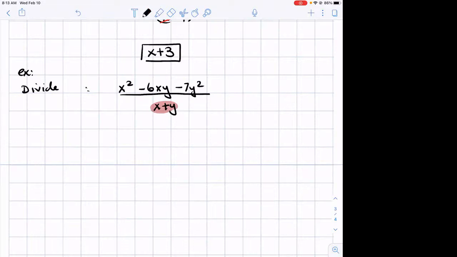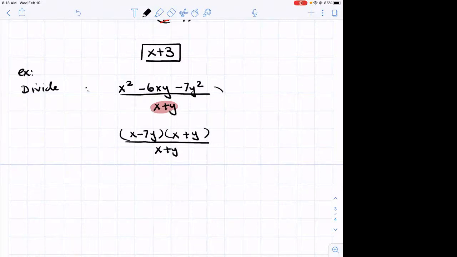Well, if you look at this, yes, we can factor the numerator, and that numerator can be factored as x minus 7y and x plus y.